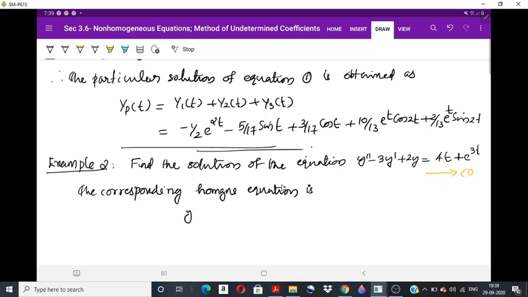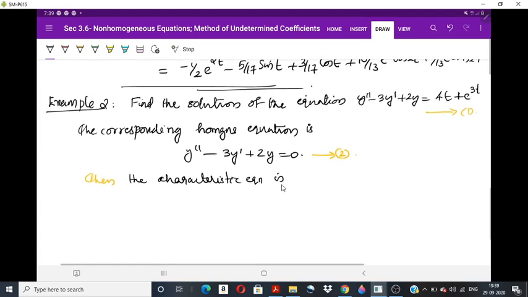The equation is y double dash minus 3y dash plus 2y equal to 0. Put it as equation number 2. Then for solving this we have to write the auxiliary equation or the characteristic equation. Since all the coefficients are constants, the characteristic equation is lambda square minus 3 lambda plus 2 equal to 0.